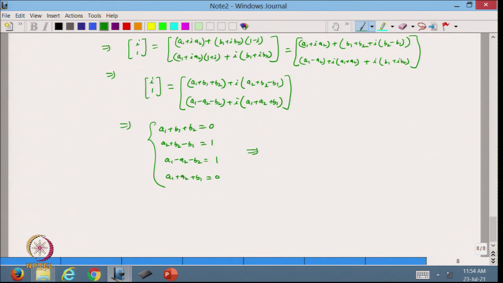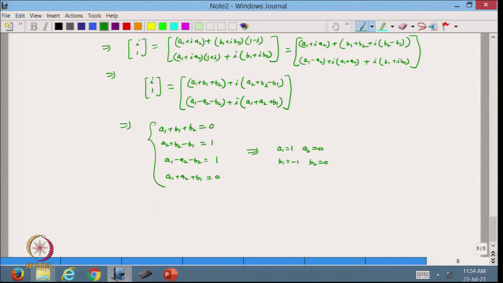If we solve, I got a1 is 1, a2 is 0, b1 is minus 1 and b2 is 0.